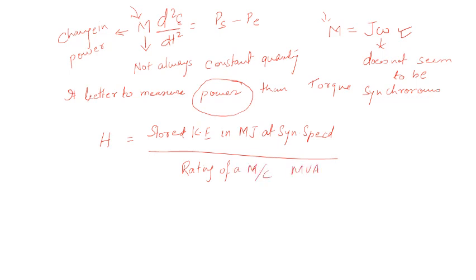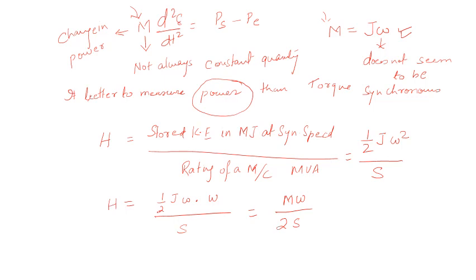Stored kinetic energy, by the definition in mechanical terms, is half J omega square, divided by S. Partitioning it as omega into omega, J omega is M, so I write M omega upon 2S. This is our H.